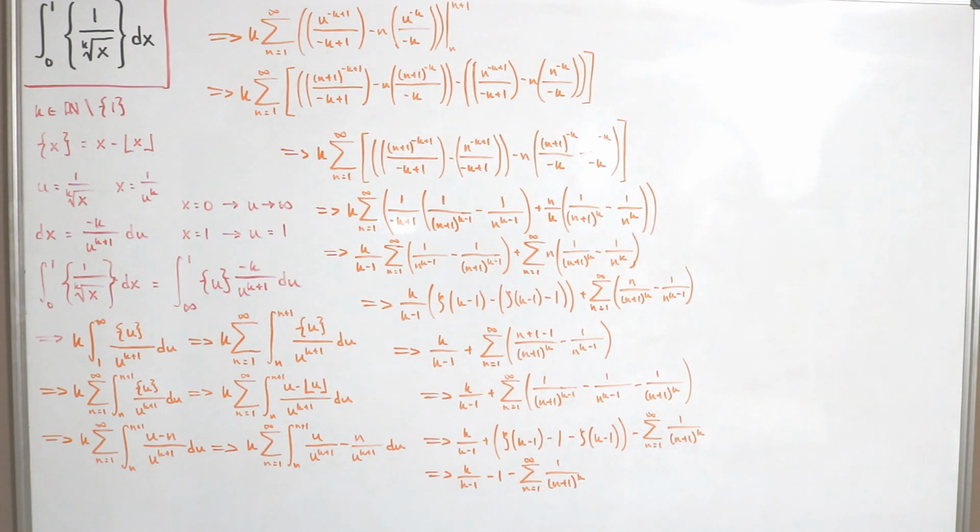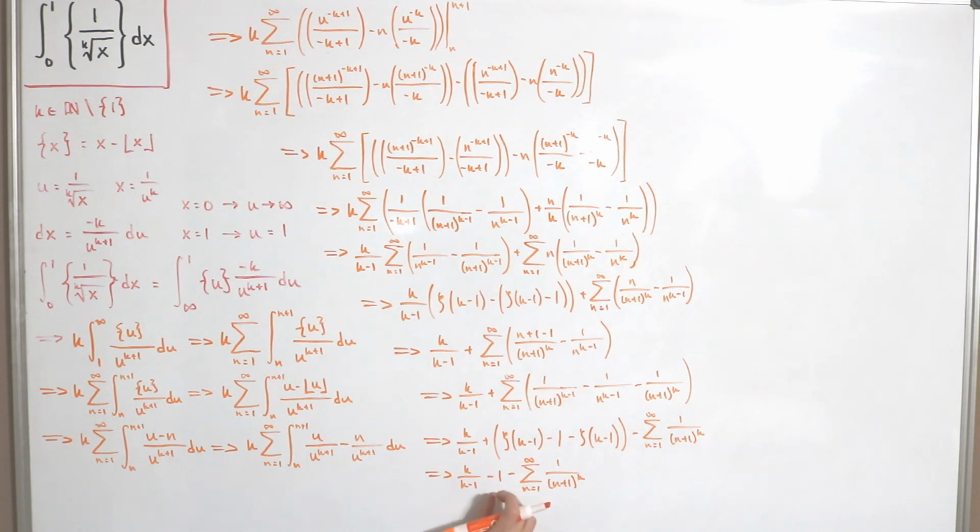And so the last step is that minus 1 minus the infinite sum of 1 over n plus 1 to the k. What I can do is change our index. This time I'm going to let n equal 0. If n is equal to 0, we evaluate this at n equals 0, so it's 1 divided by 0 plus 1, which is 1 to the k, so that we get a negative.